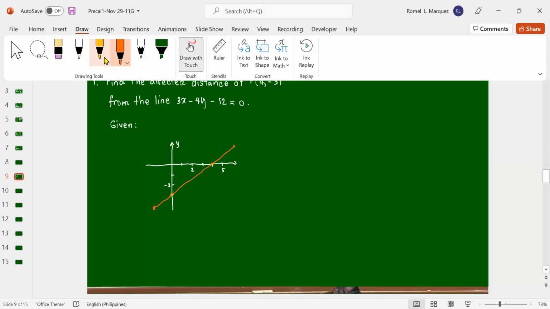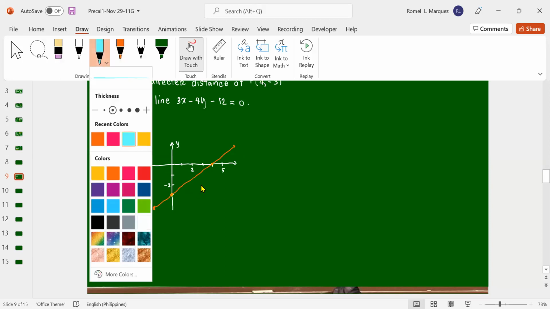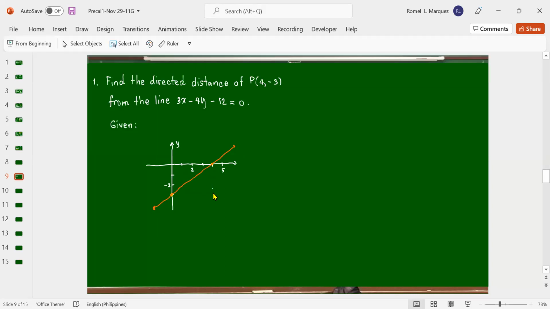Where is the point, guys? Where is our point? (4, -3). Get it, children? So the distance of this from here, if taken as directed, is the one that is perpendicular, no? Here.